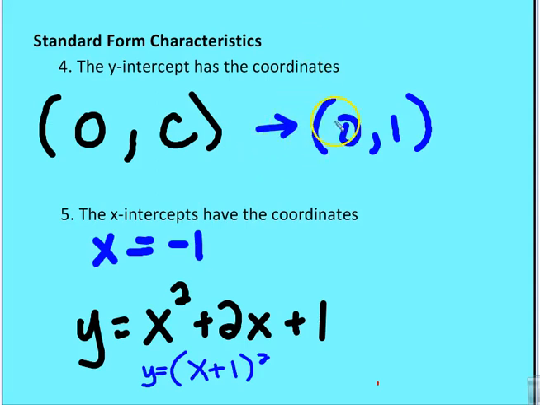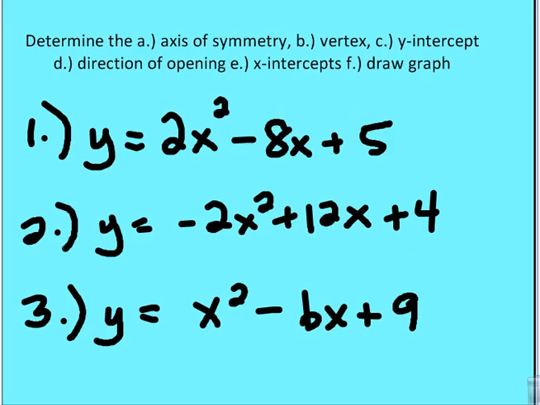We find that c is equal to 1, and this is a perfect square trinomial, so pretty easy to factor. Y is equal to x plus 1 squared. So there's just 1 x-intercept, negative 1, 0, which also, by the way, happens to be our vertex.